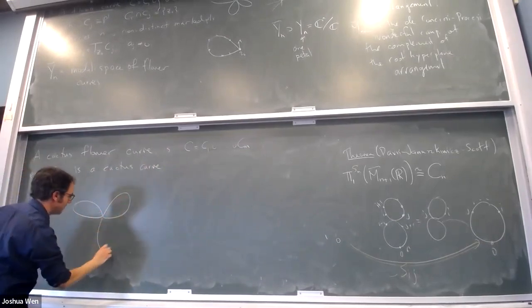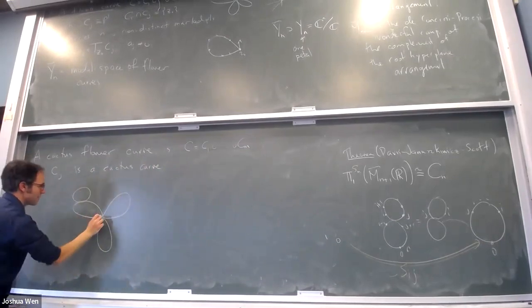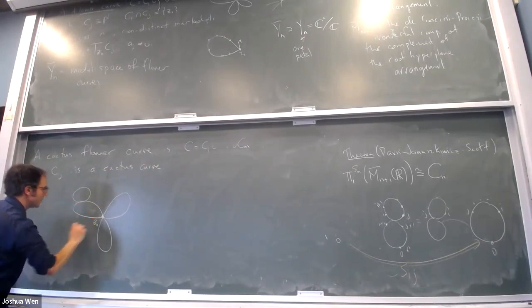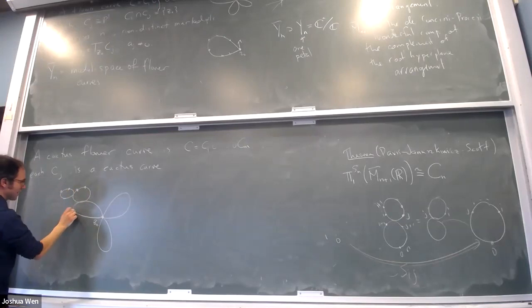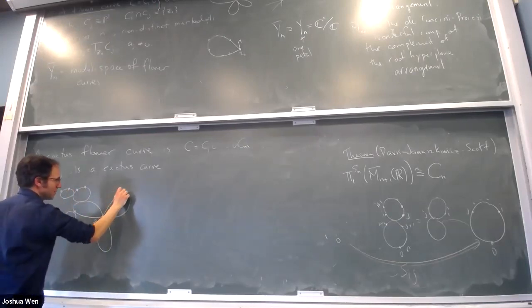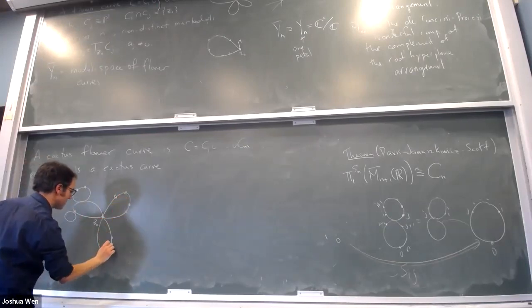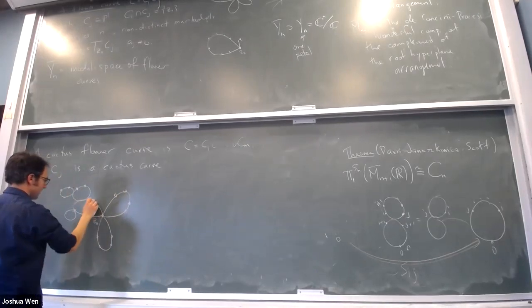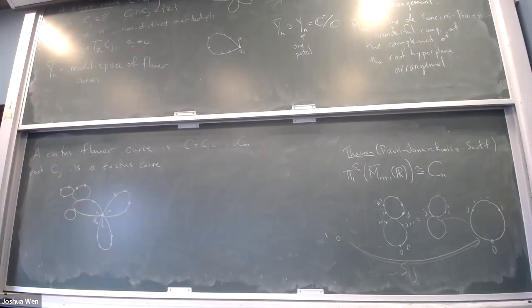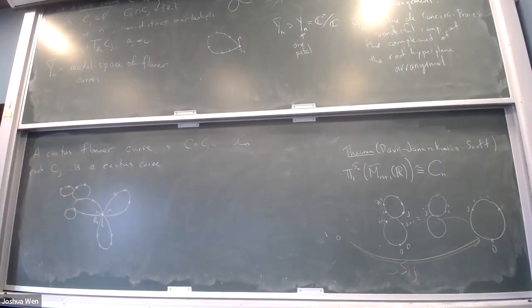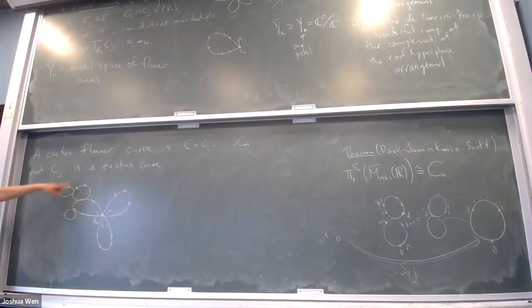I have this special point z_0 here. There are some other marked points like this, some marked points on this one, some marked points here. And then the data of the tangent vectors in the middle. So that's a cactus flower curve. And the marked points are now distinct.